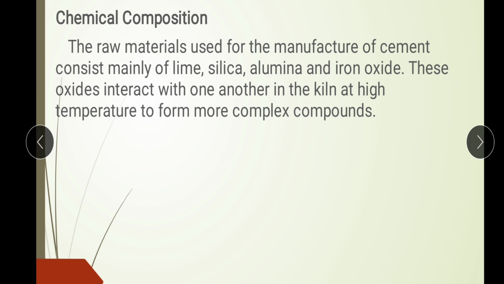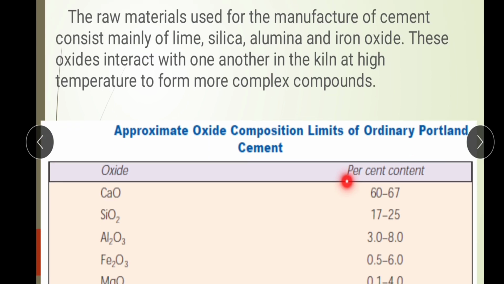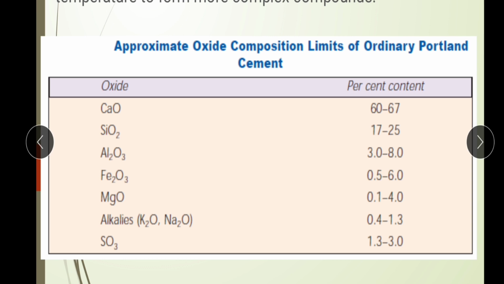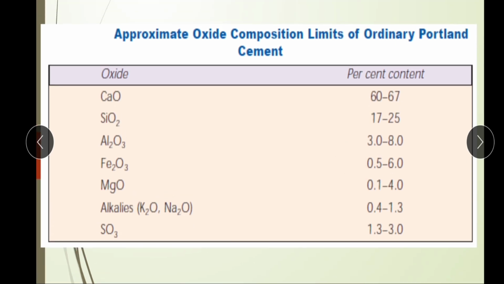In general, the raw materials used for dry method, wet method or semi wet method are the same: lime, silica, alumina and iron oxide materials, and then these are transformed into some complex compounds, which means some products are formed from the manufacturing of cement: calcium oxide, silicon dioxide, aluminum oxide, ferrous oxide and magnesium oxide and alkalis.